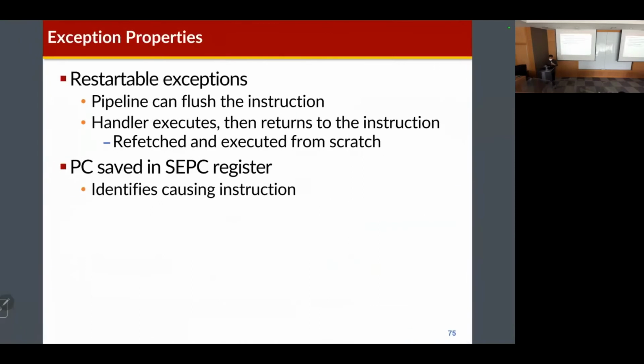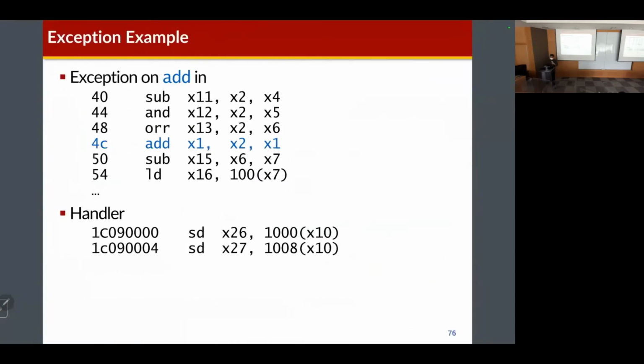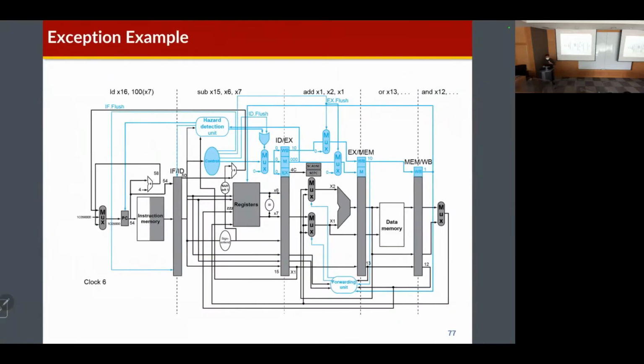So this is the example, and this is the program counter of the exception handler. It's a kind of example, okay? Let us assume the exception occurs at this instruction. So when the add instruction is in the EX stage, the exception is detected.